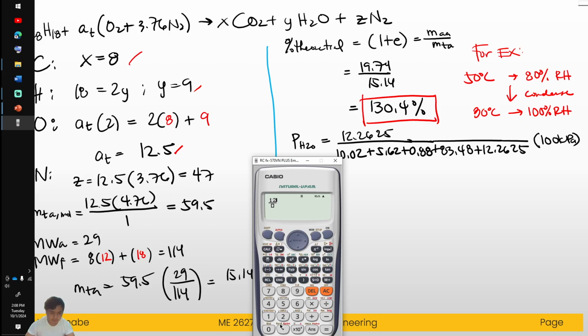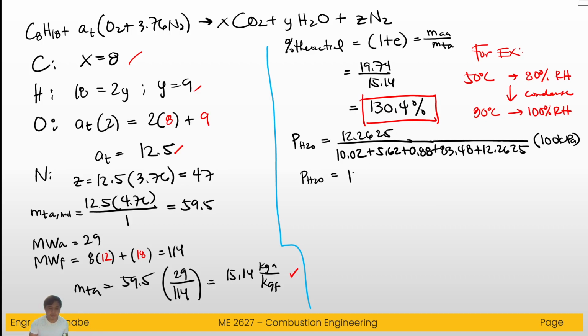We have 12.2625 over 10.02 plus 5.62 plus 0.88 plus 83.48 plus 12.2625. So this will be multiplied times 100. So you have 10.92 kilopascals. I solved this before, no?